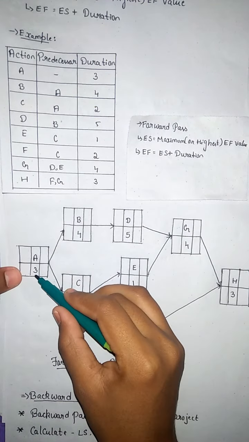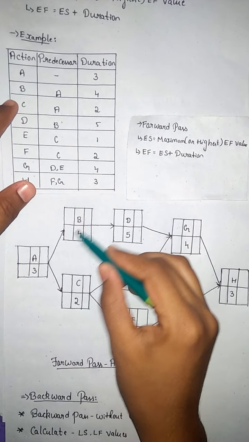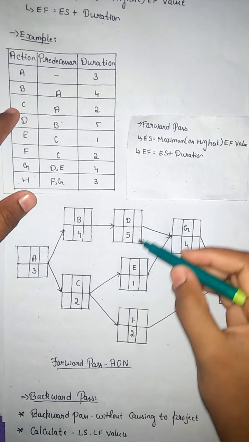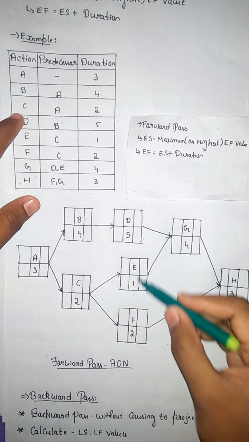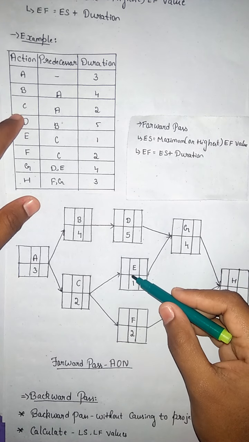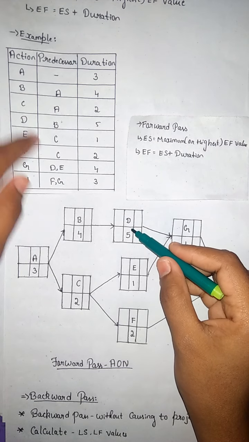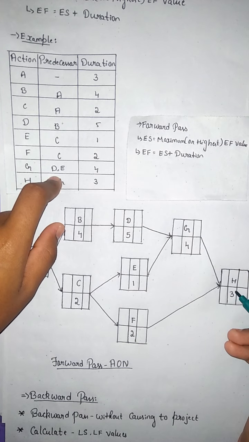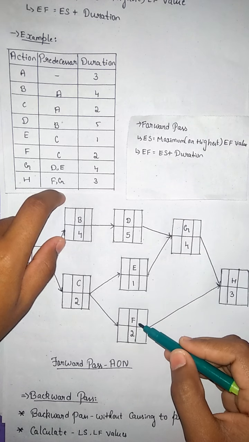For B, the predecessor is A. Even for C, the predecessor is A. For D, it is B. For E and F, the predecessor is C. For G, the predecessors are D and E. For H, the predecessors are G and F.